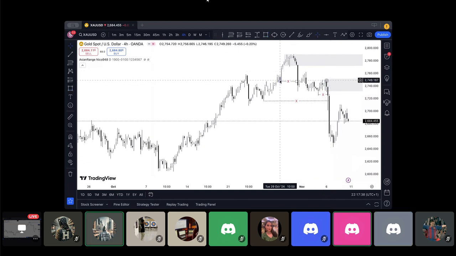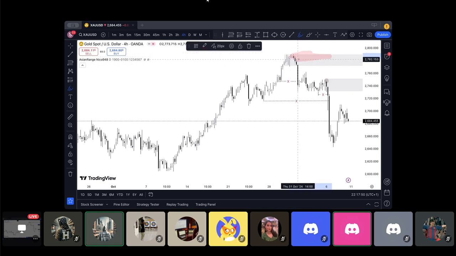So as you can see, the reason why I said as soon as you see the price, for example, has failed to go higher than this point, because this was the highest point that we had in the market. And then price was a little bit weaker, failed to go higher than this point right here.